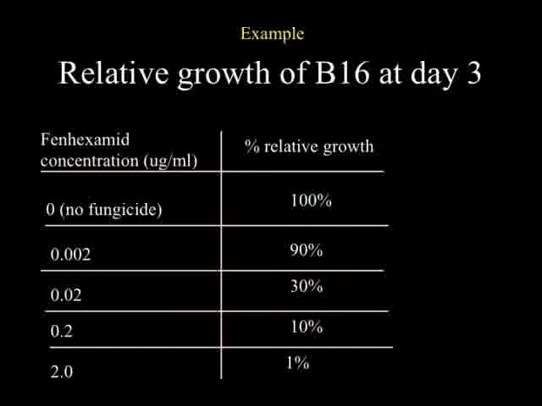So you should do that for your two isolates based on your data and estimate the EC50 for where it falls for each of those two isolates.